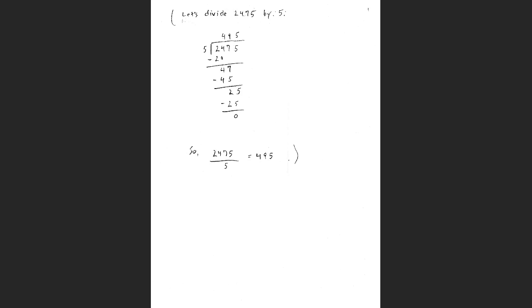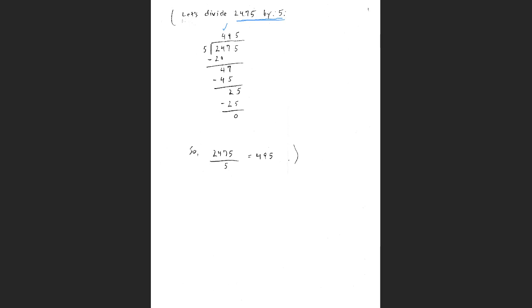Remember, let's say I wanted to divide 2,475 by 5. How many remember doing division like this in elementary school? You take 2,475 divided by 5. 5 goes into 24 4 times. 4 times 5 is 20.